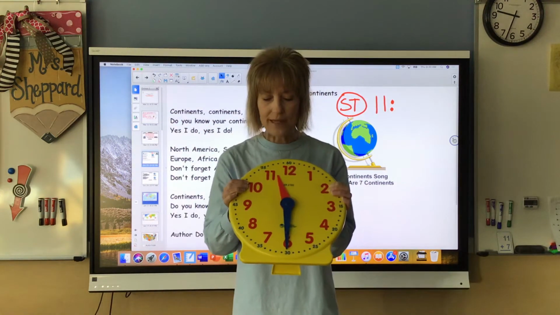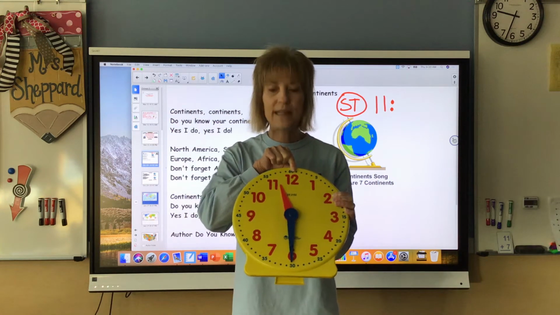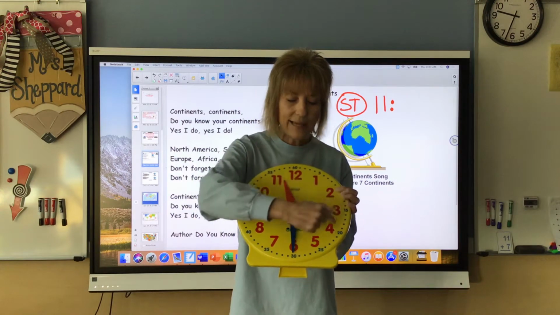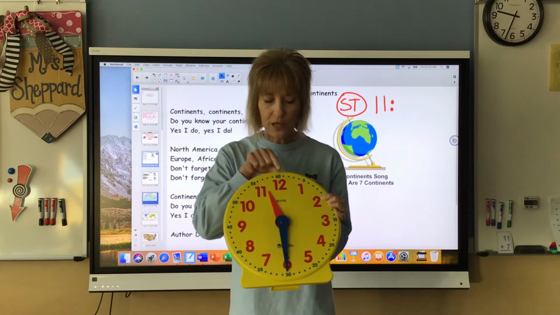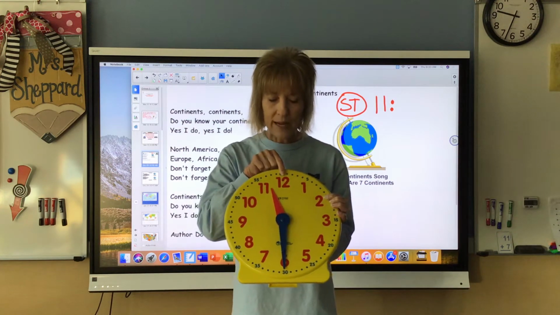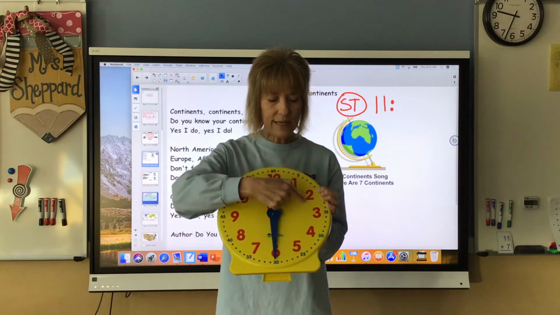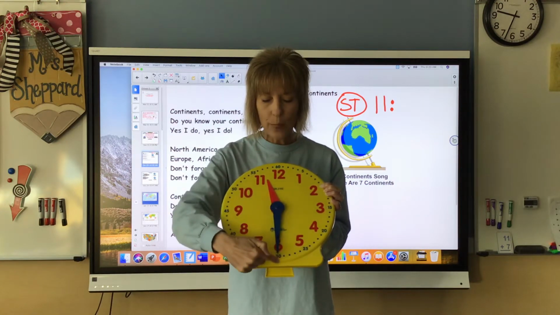I know as a mathematician, I'm going to go to my starting point, which is that 12, and I'm going to count by 5s until I get to my stopping point, which is where the longhand stopped. So move your fingers with me. Here we go. Starting point, 5, 10, 15, 20, 25, 30.